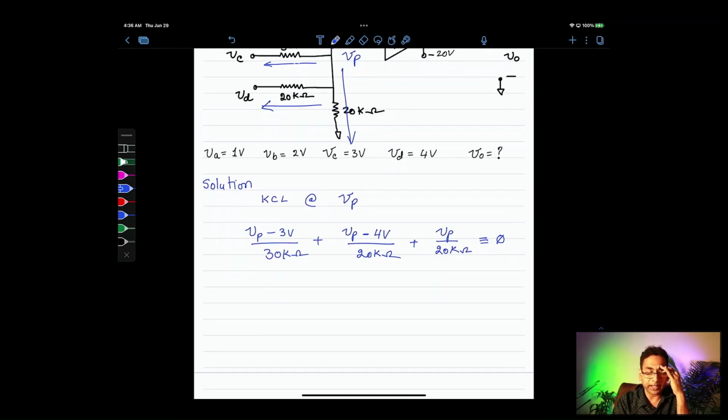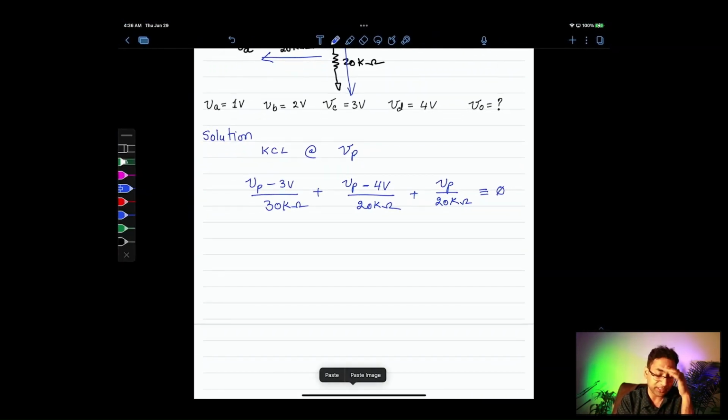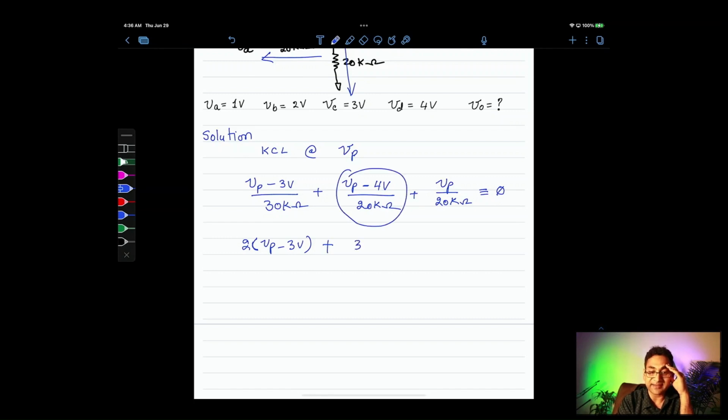Very good. Now let's multiply the whole thing by 60 kilo ohms, both sides of the equation. Doing that, there is a factor of 2 over here: 2 times (Vp minus 3 V), plus this term gets a factor of 3, because it is multiplied by 60 and divided by 20.